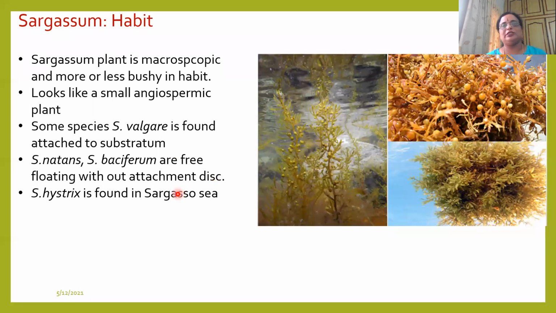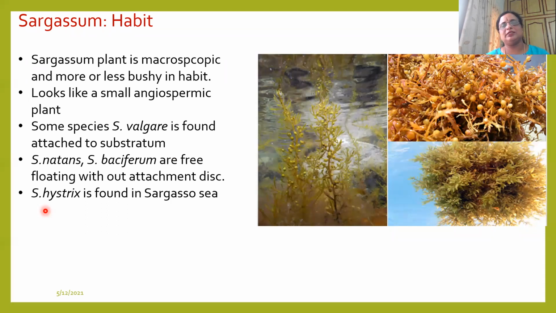The majority of the species are free-floating forms without any attachment disc. And in the Sargasso Sea, you can come across one more species called Sargassum strix. So this is about the habitat.